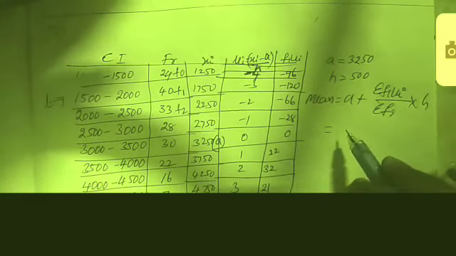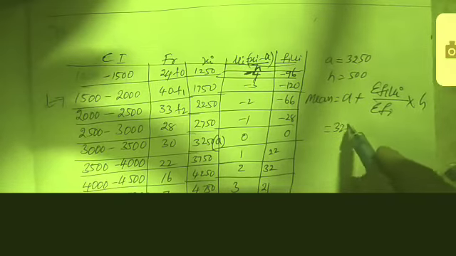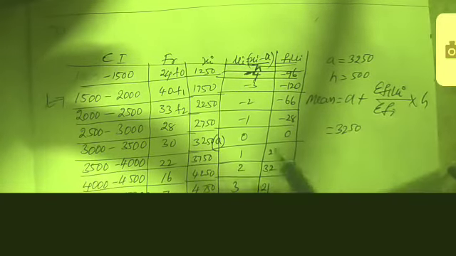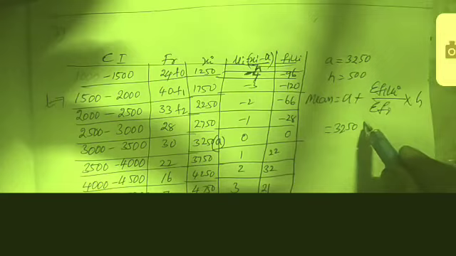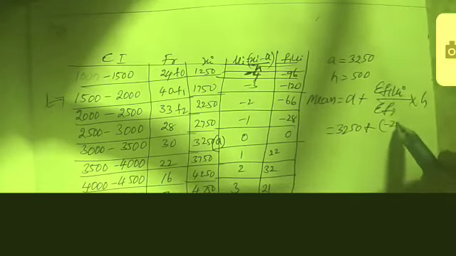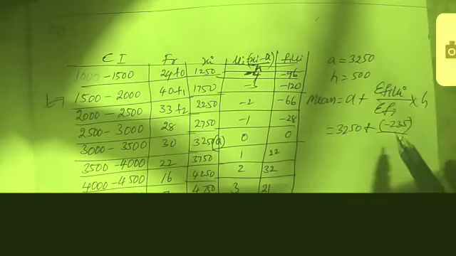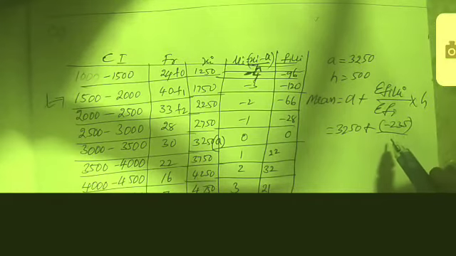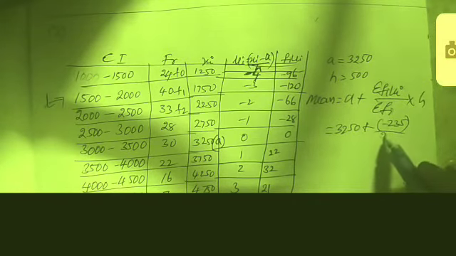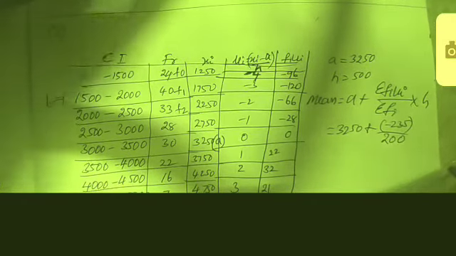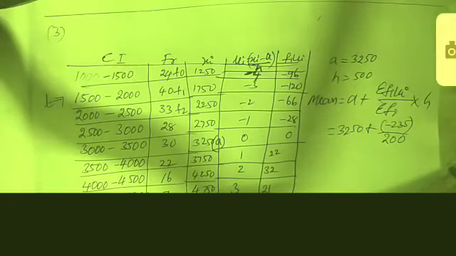Now substitute it: plus sigma Fi ui, minus 235, by sigma Fi, that is 200, into h. h is 500.